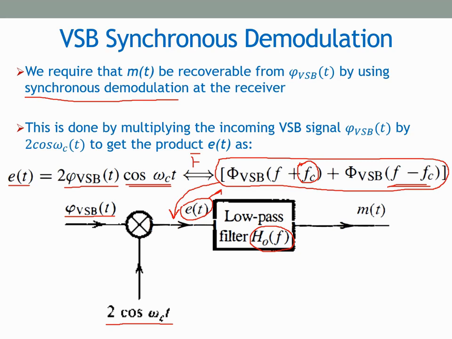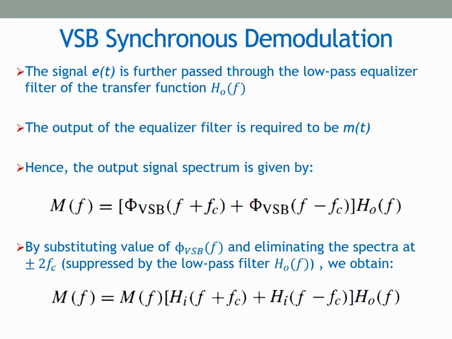After this, the aim of using this filter H0(f) is to get our signal back, the m(t) that was transmitted at the transmitter. So signal e(t) is further passed through the low pass equalizer filter.